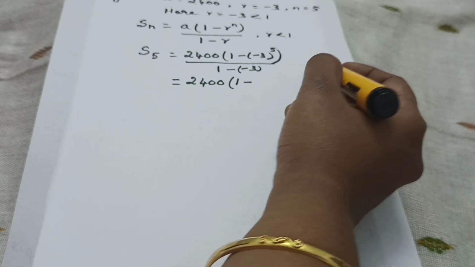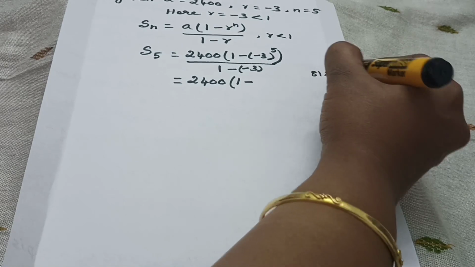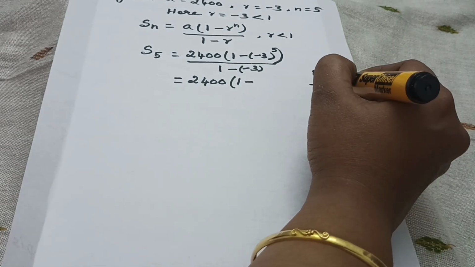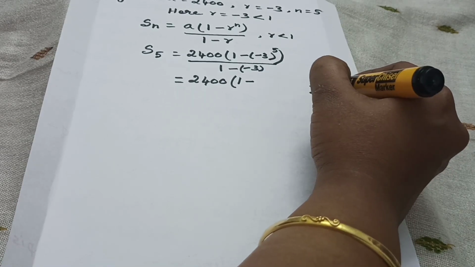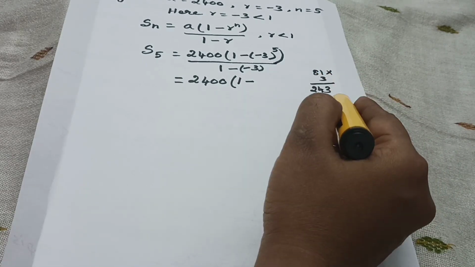Then 81 into 3 is, shall we check? 1 3 is 3, 8 3s are 24. Okay, am I correct? Multiplication.